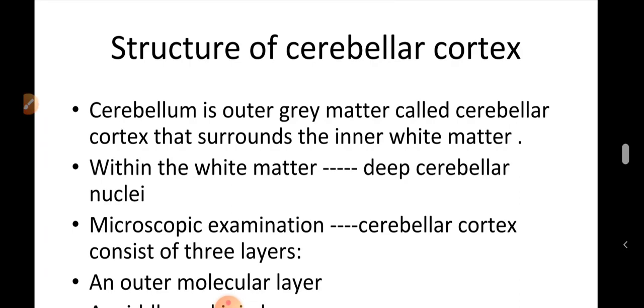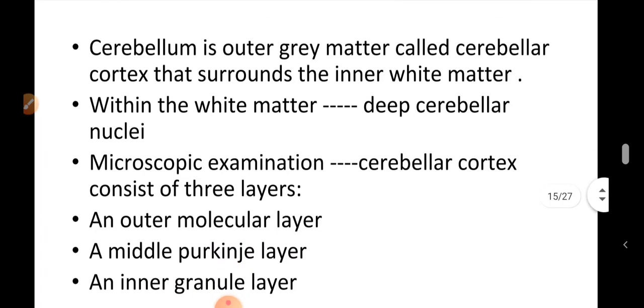So, the cerebellar cortex is the outer grey matter layer, and the white matter is formed by the afferent and efferent nerve fibers of the cerebellum, and they form the medullary core. Also, the cerebellum has deep cerebellar nuclei, that is masses of grey matter embedded in the medullary core: nucleus fastigius, dentate nucleus, nucleus emboliformis and nucleus globosus.